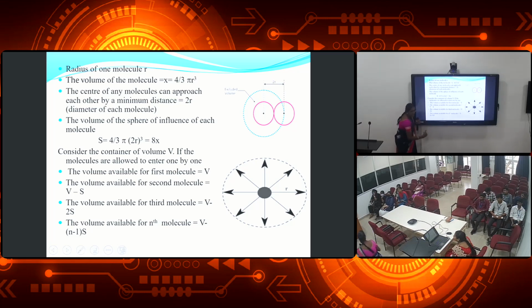In the same way, the volume available for the nth molecule is V minus n minus 1 into s, where V is the volume of the vessel and s is the sphere of influence. Why? The molecule exerts a force of attraction in all directions, so it makes a sphere of influence around itself.